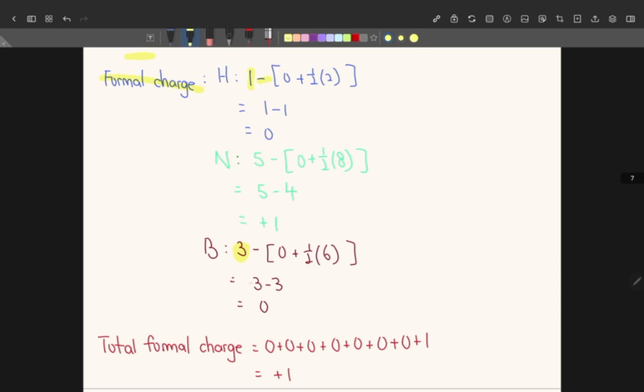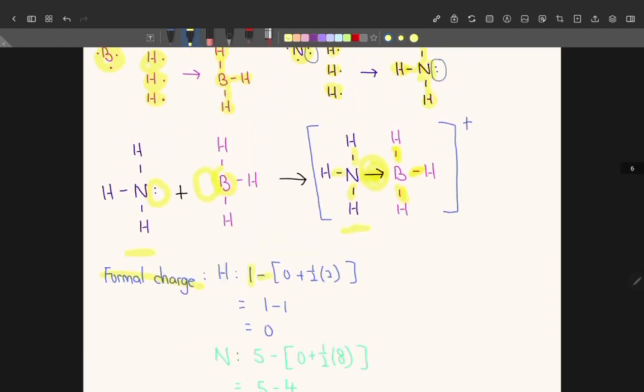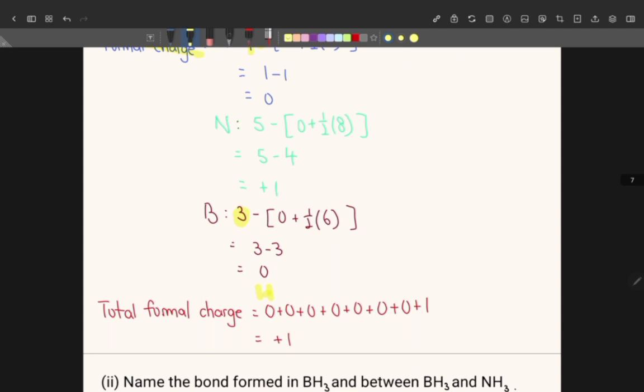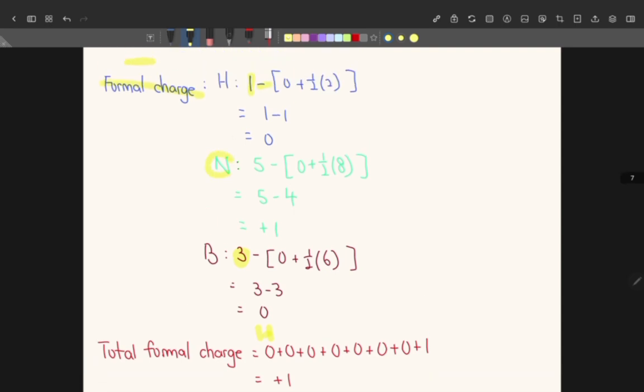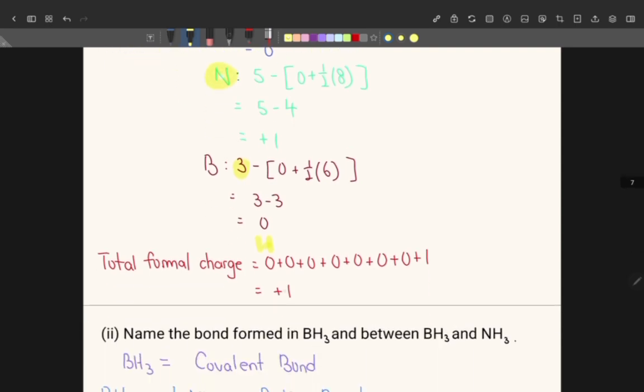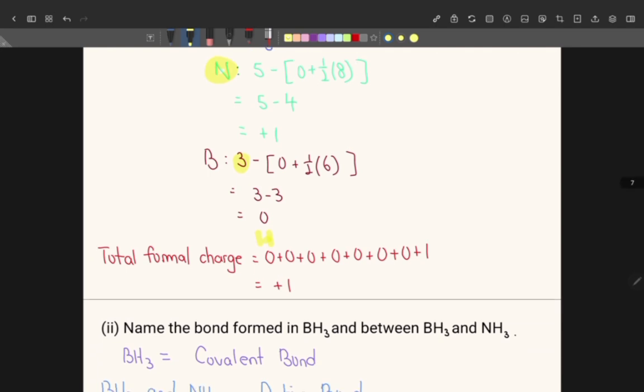So 3 minus 3, 0. So total formal charge, we have 6 H, right? So add all the formal charges, plus 1 is nitrogen. Nitrogen is plus 1, so the total formal charge is plus 1.